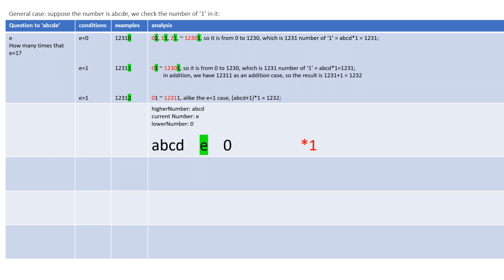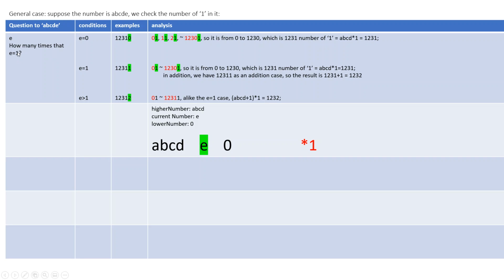We would like to count the number of 1s in each digit position, from E to the tens, the hundreds, the thousands, and finally the ten-thousands position. Suppose we are currently looking at E, the final digit. We would like to ask: how many times does E equal 1?